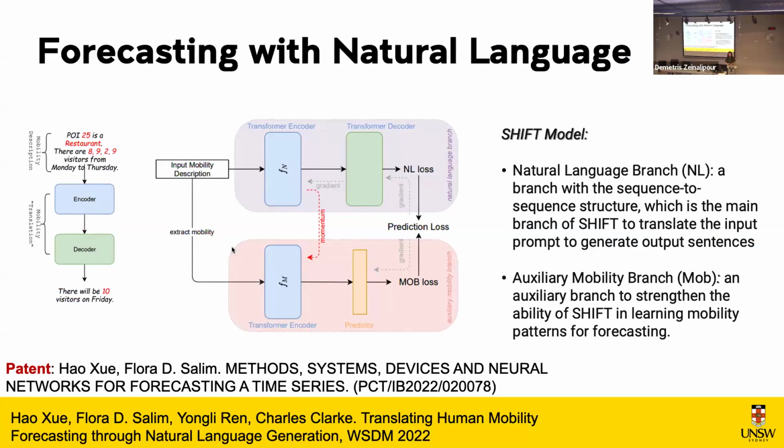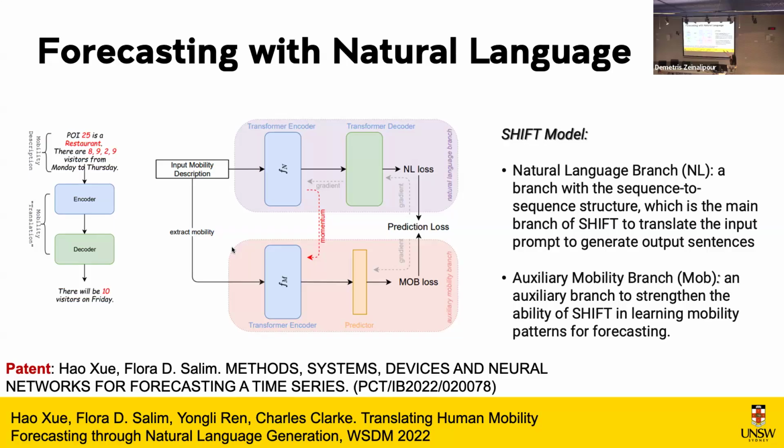The first work was this one in WSDM. We designed two branches, an encoder-decoder architecture. One is a natural language branch, and the second one is a numerical branch. We call it the mobility branch because we use mobility data, check-in data.